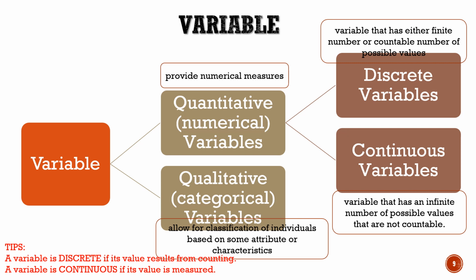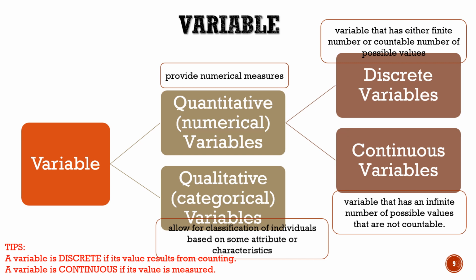In terms of the category of the variable, since just now I have mentioned that variables are the characteristics of our data or our observation, these characteristics can be either numerical characteristics or categorical characteristics. The numerical characteristics are called quantitative variables, and the categorical characteristics are called qualitative variables.